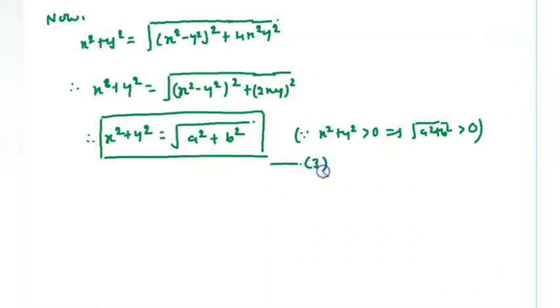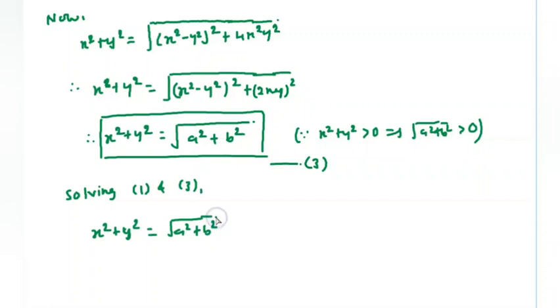Solving 1 and 3. First I will write down the third equation. Second equation is x square minus y square is equal to a.